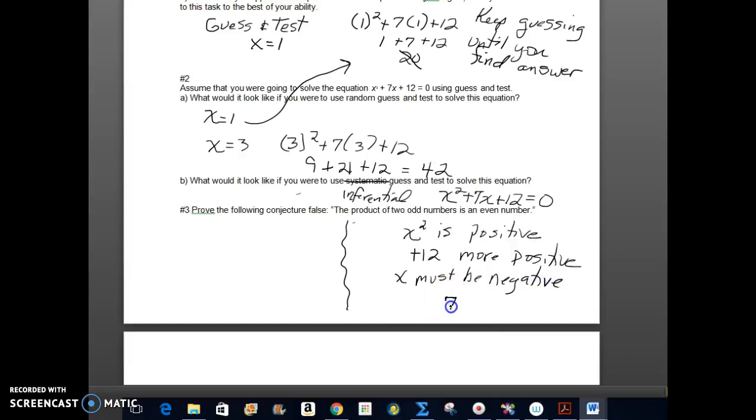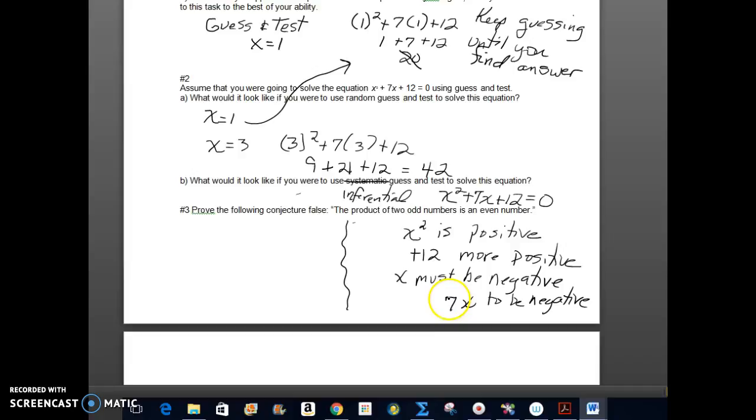Because I want 7x, when I multiply by 7, to be negative, right? The x squared is positive. The 12 is positive. So I've got a good chunk of a positive number. The only way to get a good chunk of a positive number to 0 is to have that same good chunk of a negative number.